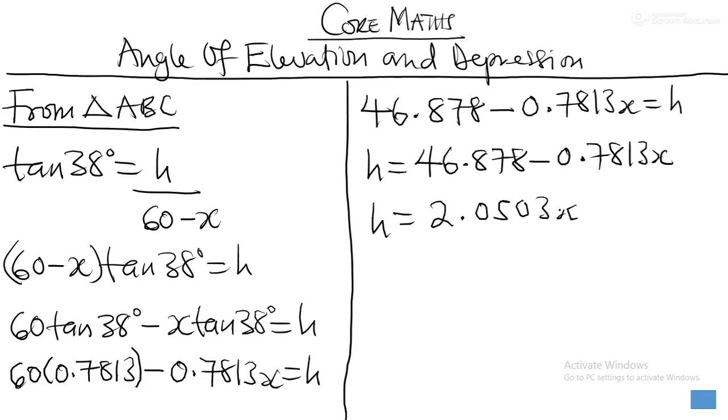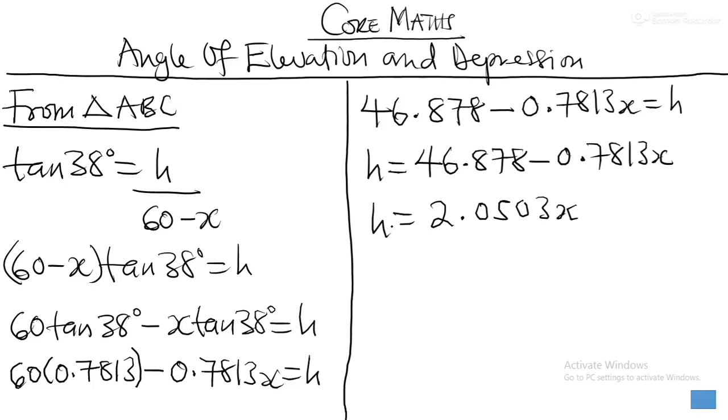2.0503x. Okay, so now we can find the value of x, and then we use it to find the value of h, because this h here is the same as the h here. So in place of this h, we can substitute.